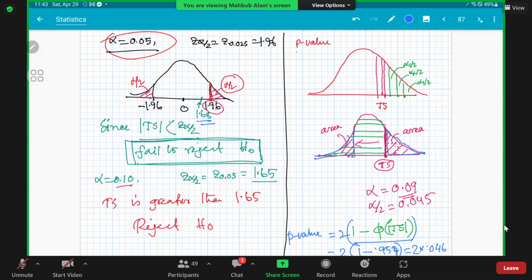So whenever we test the hypothesis in terms of a significance level given or assumed, then the test result is defined based on Z alpha 2 and test statistics. Z alpha 2 is found from the alpha value. On the other hand, whenever we conclude the test based on a p-value, then we can tell the result for any alpha value.